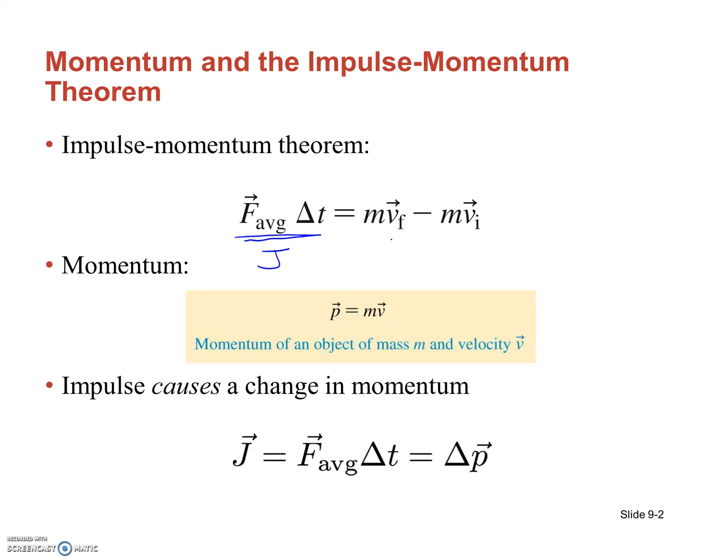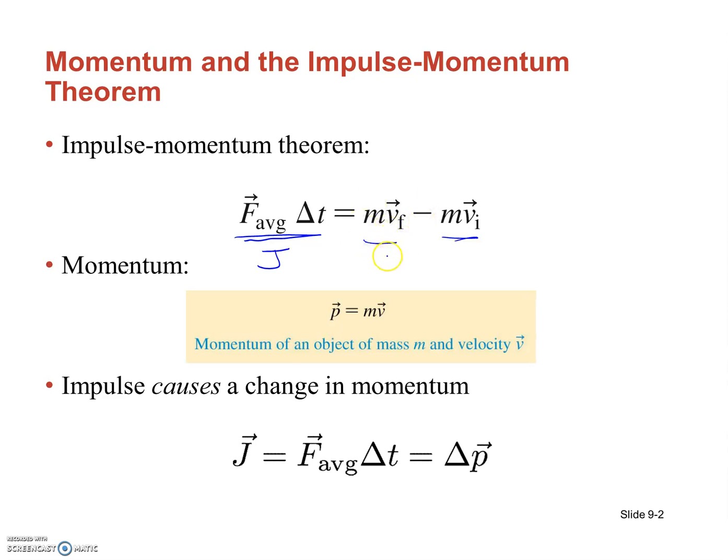Now, we saw before that we had a hockey puck being hit by a hockey stick. And we can imagine if we saw that in real life, we would see that the speed or the velocity of that hockey puck would inevitably change. And the amount by which it changes is the mass times the final velocity minus the mass times the initial velocity.